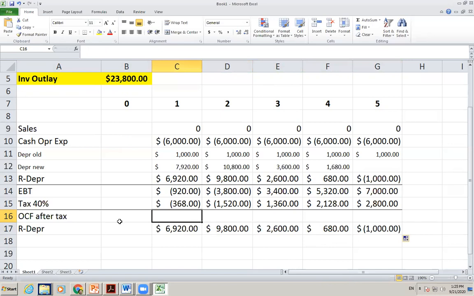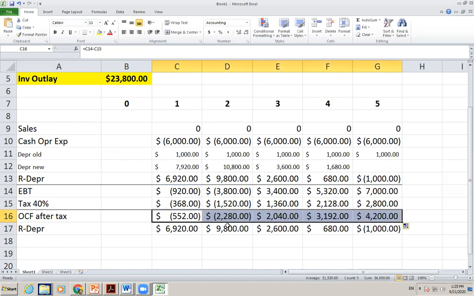And operating cash flow after tax equal to this minus this, as we can see here.